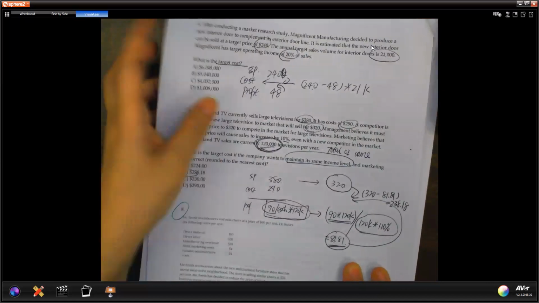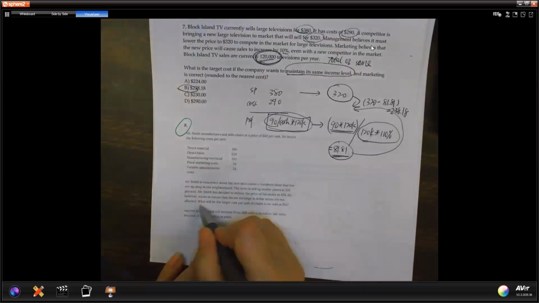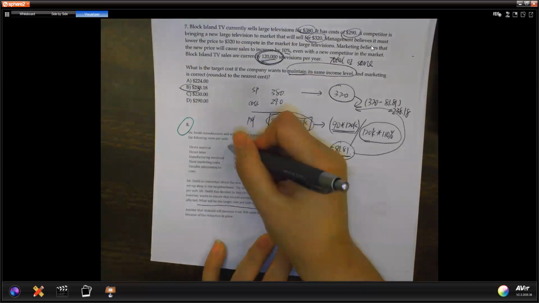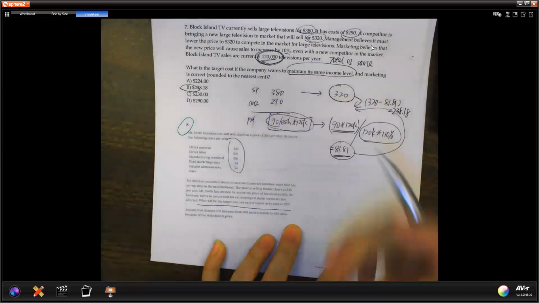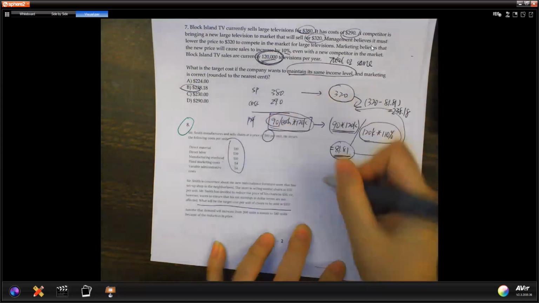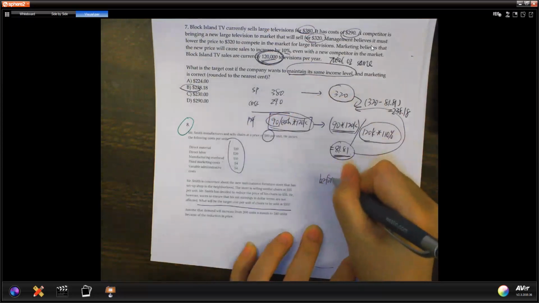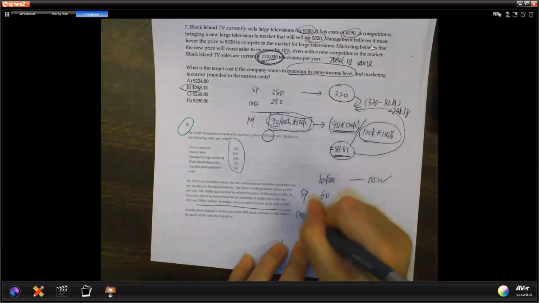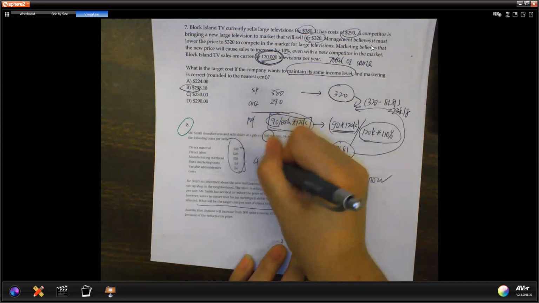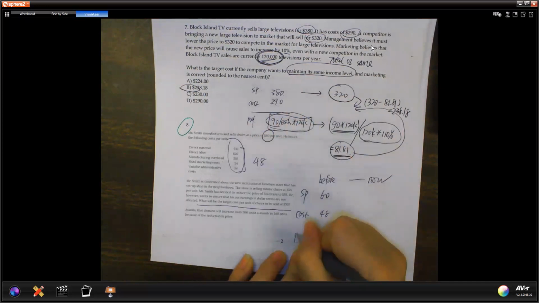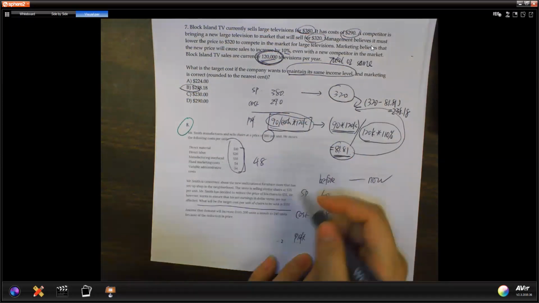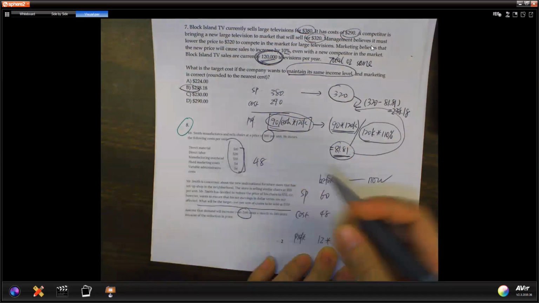So the question said, what's the target cost, right? And then if you have the new selling price, so before, let's say before and now, before your selling price is 60 and our cost, if you add all of them, is 48. So that gives us the profit for each one of $12. And we used to sell 200 units, right?